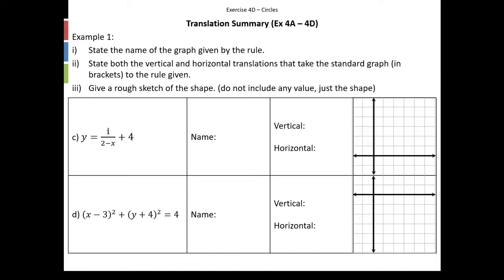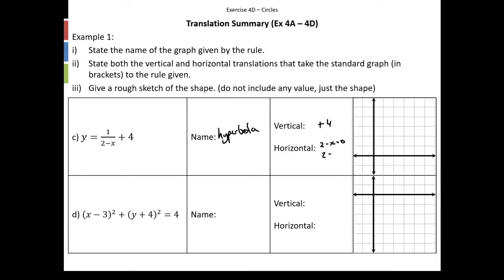Okay, 1 on 2 minus x, plus 4. So we have a fraction with our x value in the denominator. It's not squared. That must mean it is a hyperbola. Now the vertical, easy, that's a plus 4. Horizontal translation, we let the denominator equal 0.